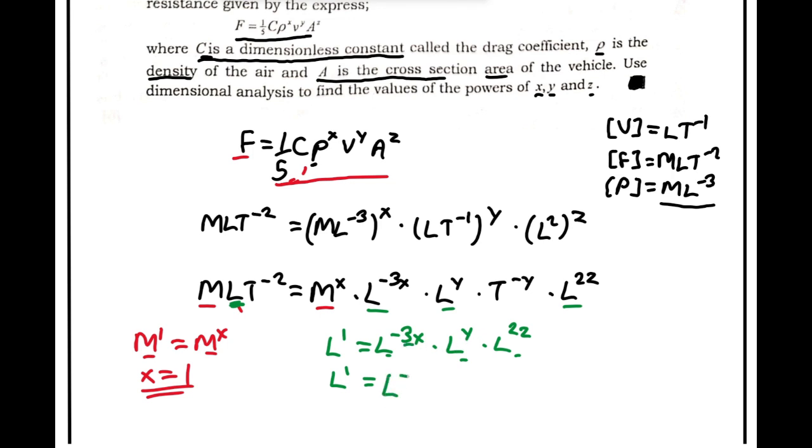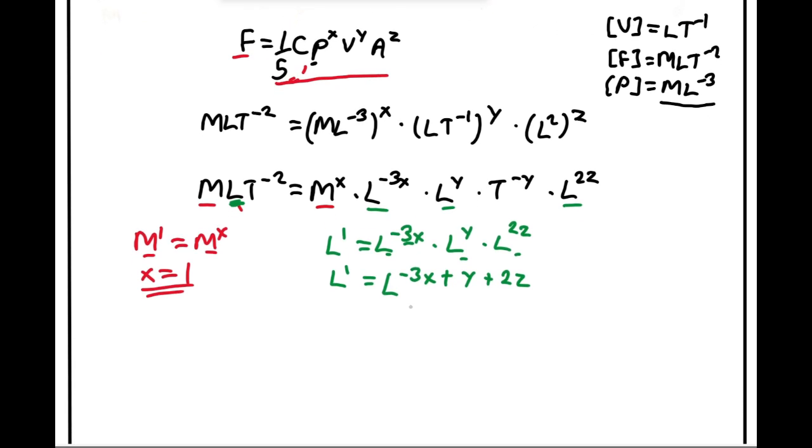So this is L to the power -3x plus y plus 2z. Applying the law of homogeneity, 1, which is the power on the left side, is equal to -3x plus y plus 2z. Now, we have the value of x, but we don't have the value of y or z. So let's keep this one as it is and go to t.